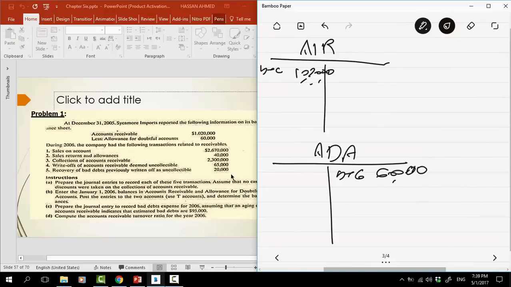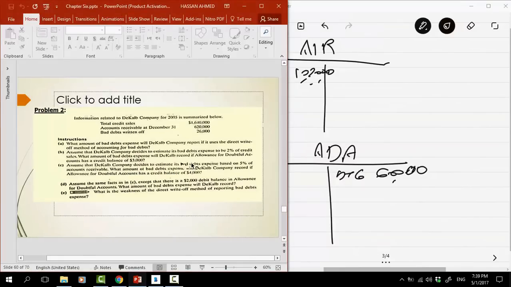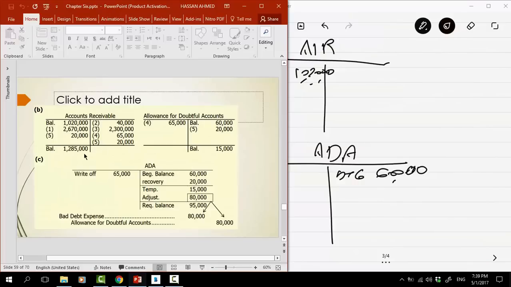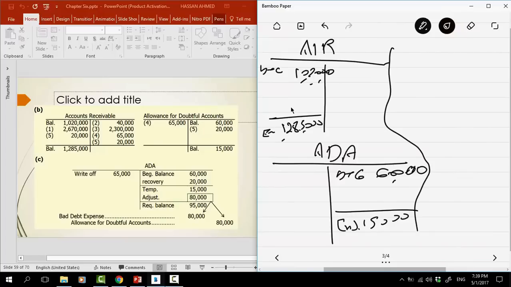Then we will post these transactions. The ending balance after posting will be 1,285,000 and 15,000. Okay, let's see what the other requirements are.